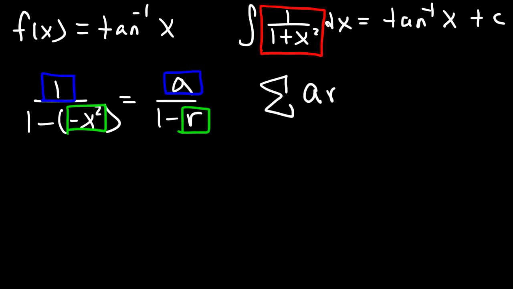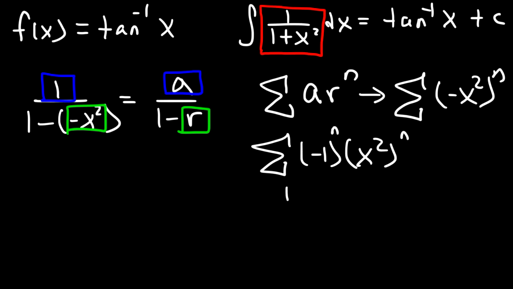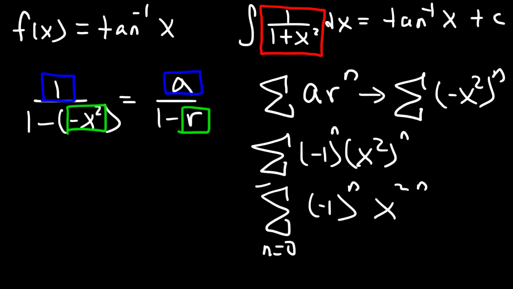So using the geometric series in this form, we can write it like this. It's going to be 1 times negative x squared to the n. And negative x squared, that's negative 1 times x squared, and both of these are raised to the n. And x squared raised to the n, we can write that as x to the 2n. So this particular series corresponds to 1 over 1 plus x squared.